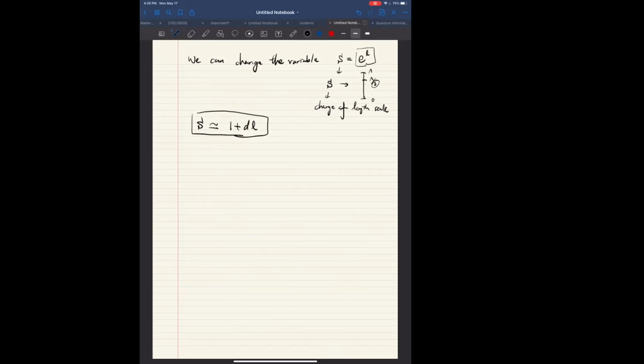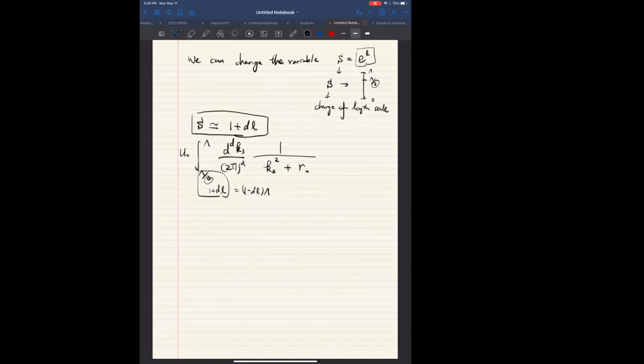So this is what we can do for small changes of the length. With this in mind, we can do the integral that we wrote before, integrating out the fast mode for the bubble. It will be k^3 plus r0. If this is just 1 plus dl, this is nothing but 1 minus dl times lambda.